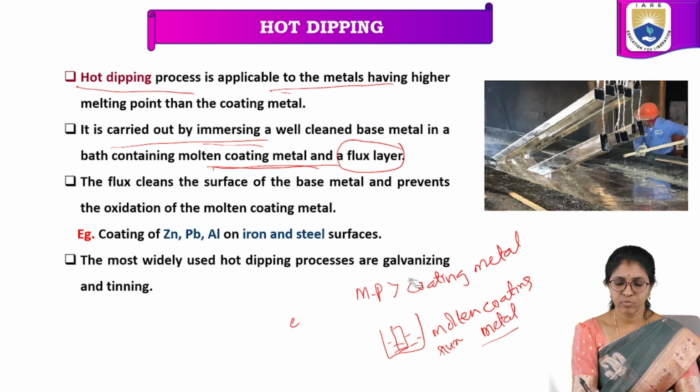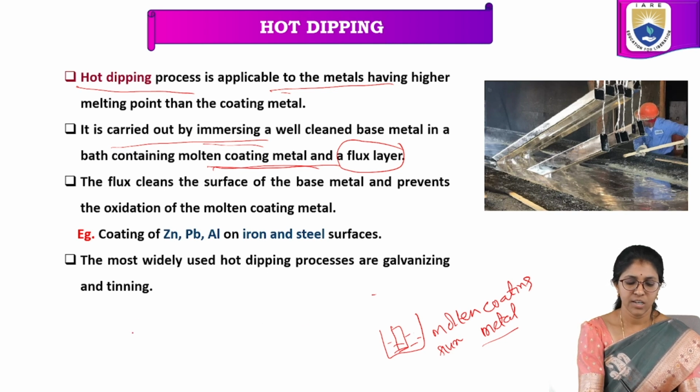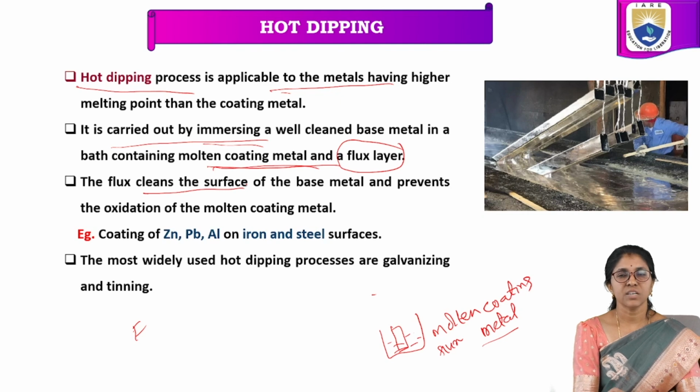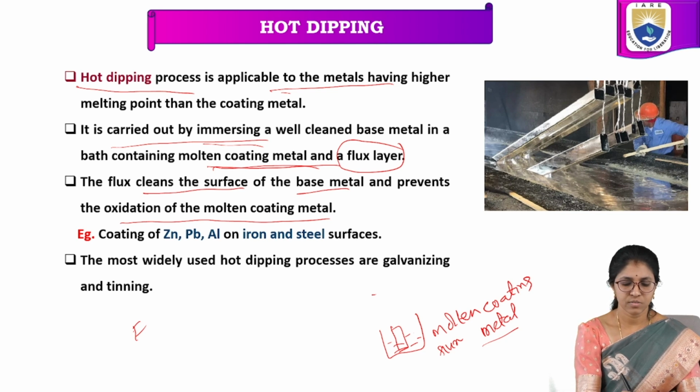What is the use of the flux layer used in the hot dipping process? This flux cleans the surface of the base metal, and it prevents the oxidation of the molten coating metal.